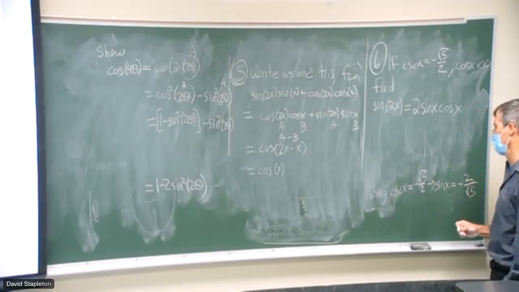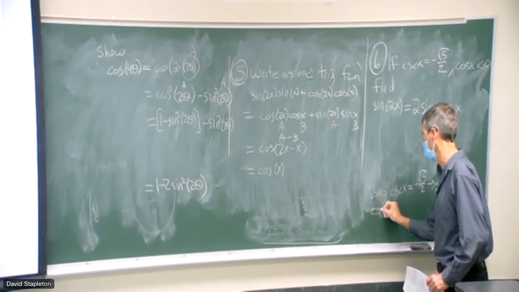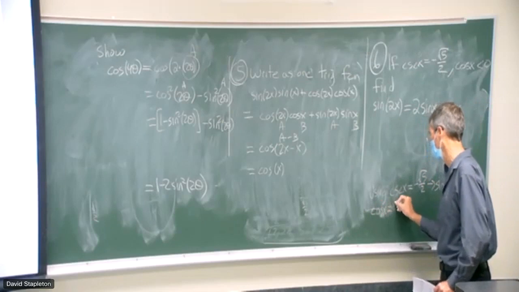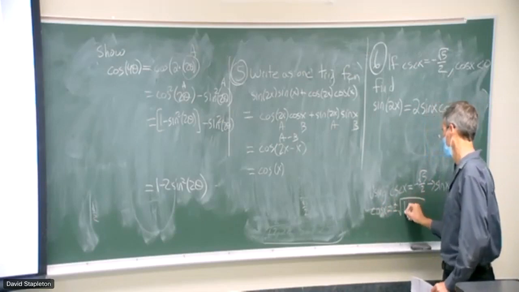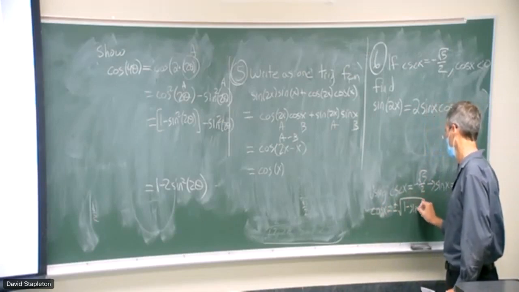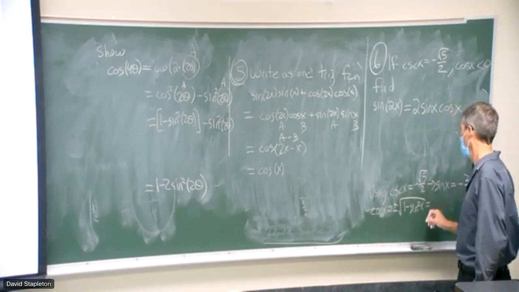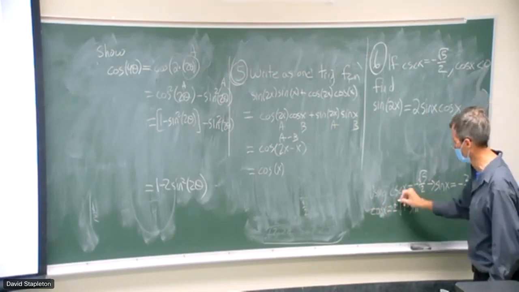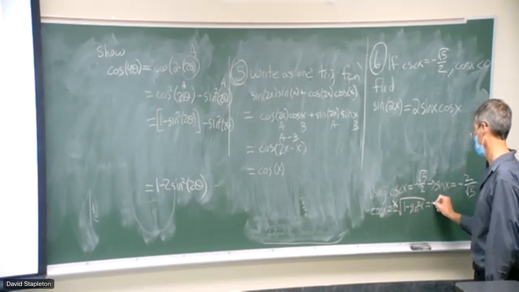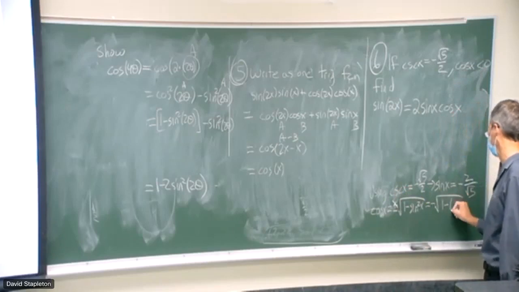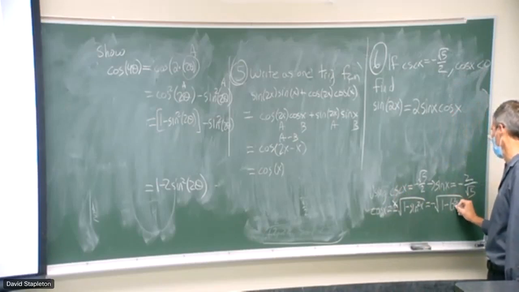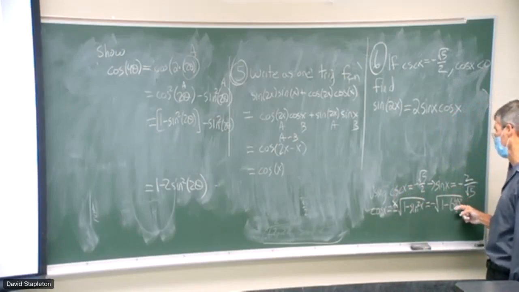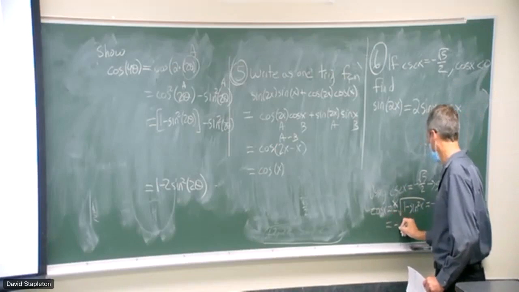And then if you know sine, you know cosine, right? Because it's plus or minus the square root of 1 minus sine squared. We say cosine is less than 0, so take the minus sign. Minus square root of 1 minus minus 2 over square root 5, squared. Well, that's 1 minus 4/5, which is 1/5.